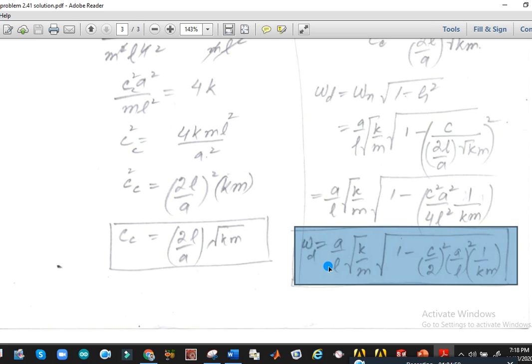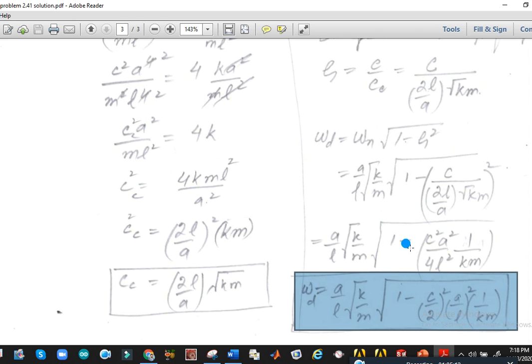This is the rotational natural frequency, and if we want to find the actual damped natural frequency, then we have to take omega is equal to 2 pi f, and f is equal to 1 over 2 pi into omega d. So multiply this whole expression by 1 over 2 pi, and then you will have the damped natural frequency.